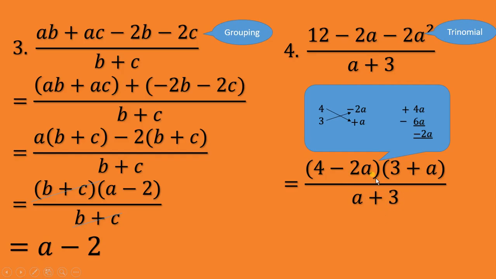There are no signs that separate our terms, and our final answer will be, when we cancel those two, we are left with 4 minus 2a.